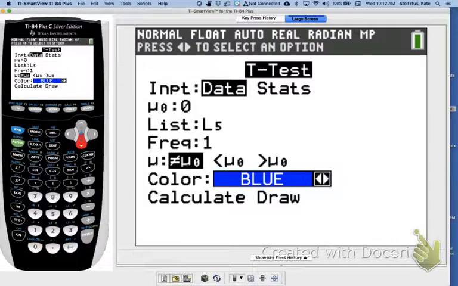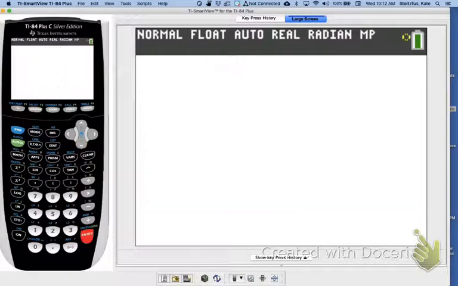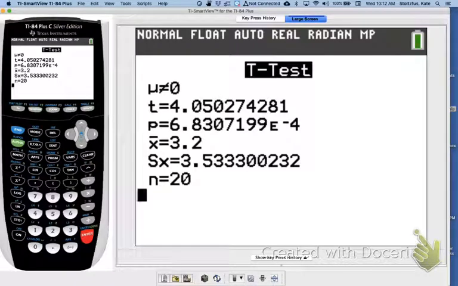I'm going to go down and calculate. And here's everything I need as well. It tells me my test statistic, my t-value, my p-value, my sample mean, my sample standard deviation, and the size of my sample. All right, so good stuff. Another way to check everything.